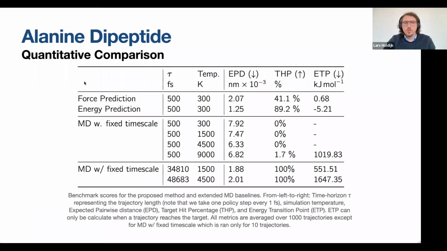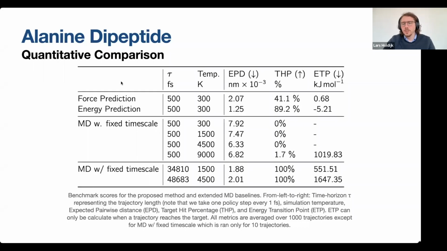So these are the two, the force prediction and the energy prediction methods that I mentioned before, for how we can parameterize this bias potential. And we have three different methods of evaluating our transition paths. We have an expected pairwise distance, which evaluates if we actually made the transition across the energy barrier.